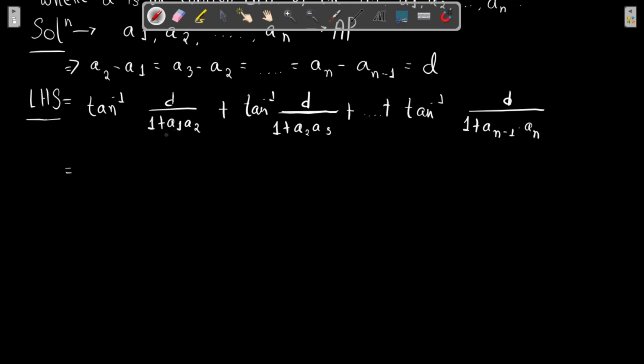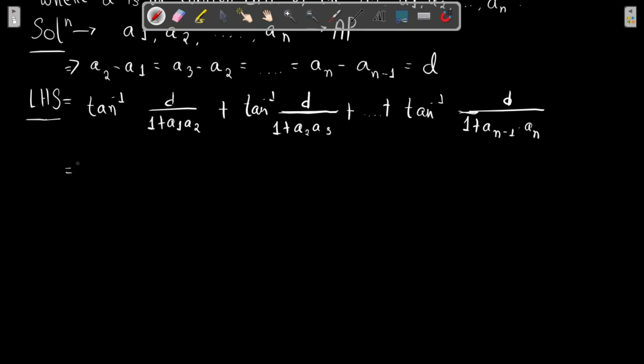In the denominator of the first term we have 1 + a₁a₂, in the second term 1 + a₂a₃, and so on up to the last term, 1 + aₙ₋₁aₙ. In the above step we have written that a₂ − a₁ is equal to a₃ − a₂, is equal to a₄ − a₃, and so on, and all of these differences are equal to d because these are in AP.